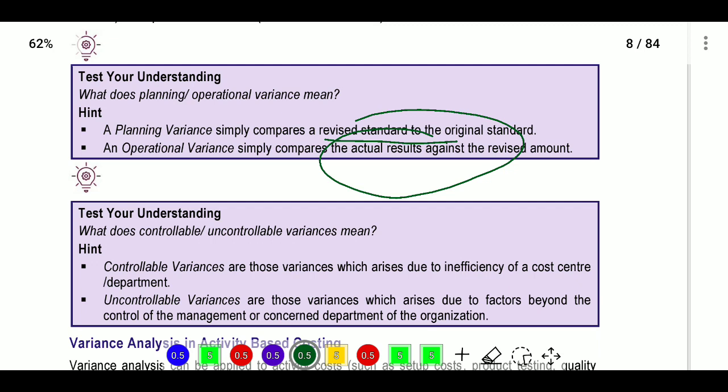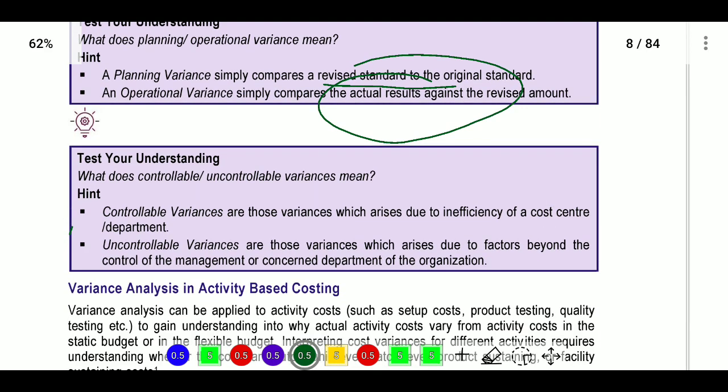Next, test your understanding: what do controllable and uncontrollable variances mean? You start with one standard, do the planning, and afterwards we get the actuals. Controllable variances are those which arise due to inefficiency of the cost center.